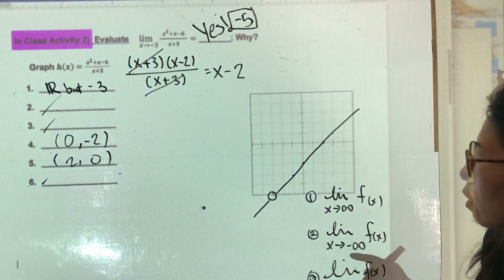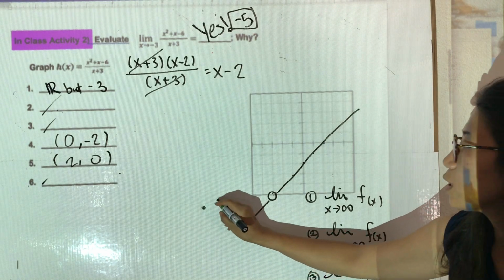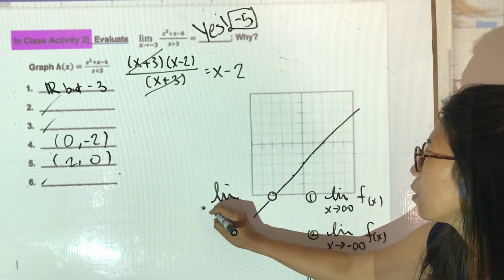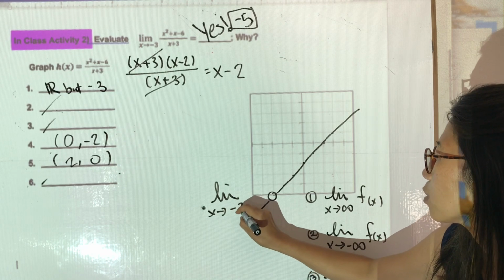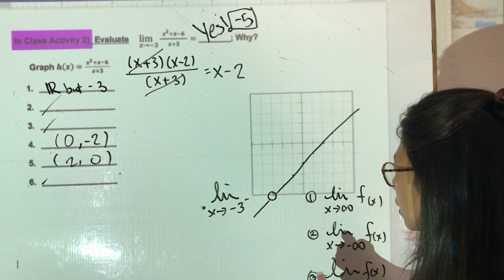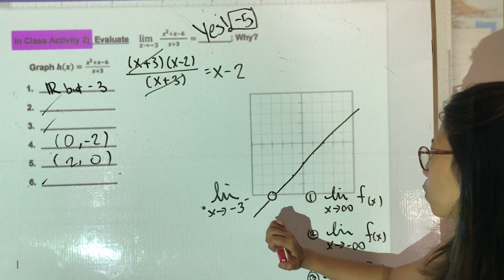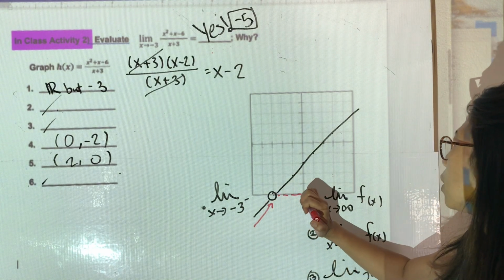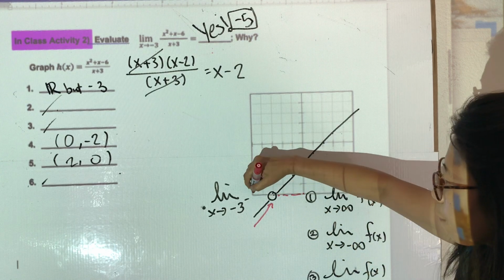Why? Because we need to check the limit as x approaches -3 from the negative side. I see that my function is approaching closer to -5.